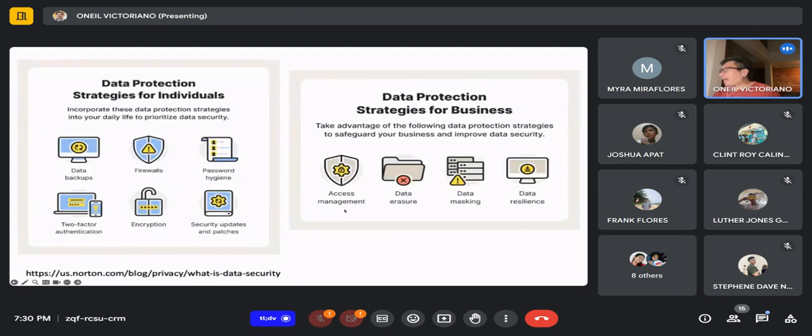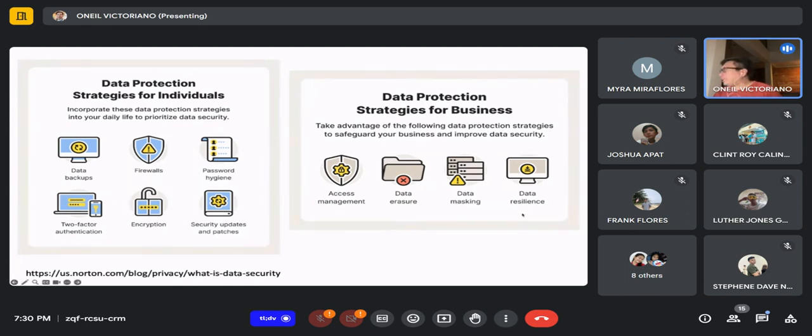So for business, you have access management or access rights. You have data erasure, data masking, no? Only what a certain user can see, and only what a certain function can see.